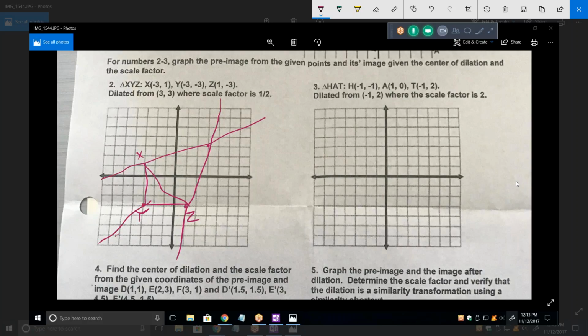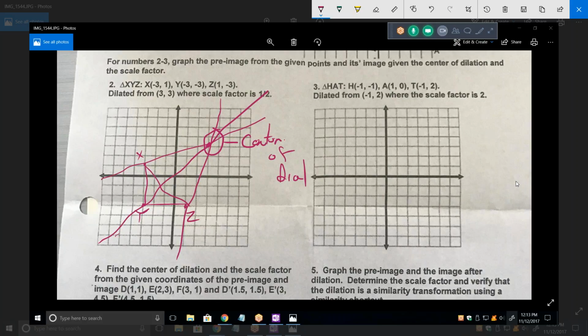They all go through the same point. In other words, that point right there is my center of dilation. And that probably is, yeah, 3, 3. And they're saying the scale factor is 1/2 after dilation.